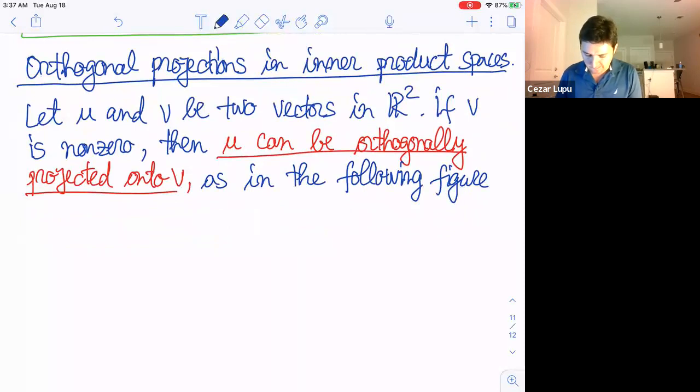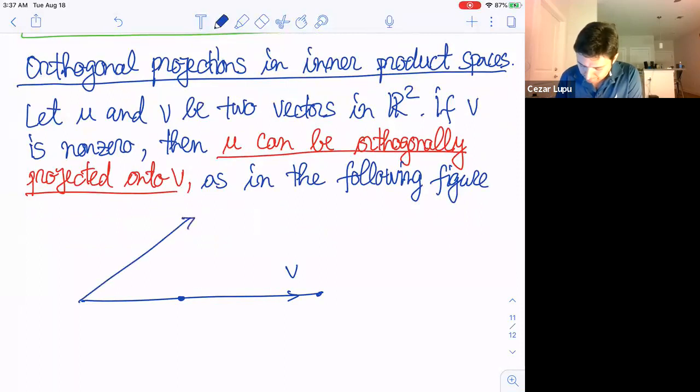This is my vector v, right? And let's say this is my vector u.